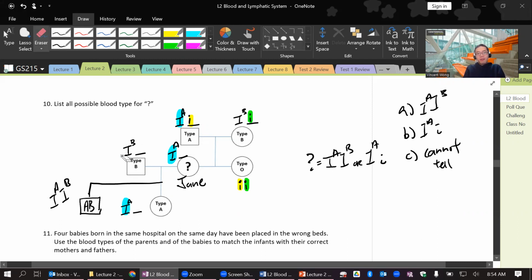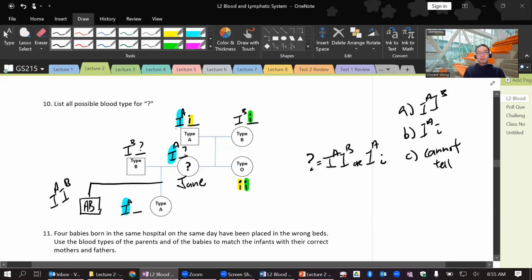Using the information that we have right now, not knowing what the other half is, we are still able to create a child that's IAIB. And that's why we cannot definitively say whether she's IAIB or IA small i.